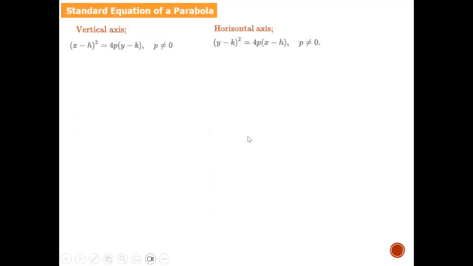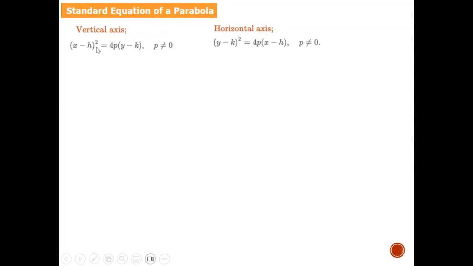This chapter, I like to explain in a different way, because I have a handout that I give to my students, and this handout tells you all the characteristics of each type of conic. For example, these are the standard equations of a parabola.